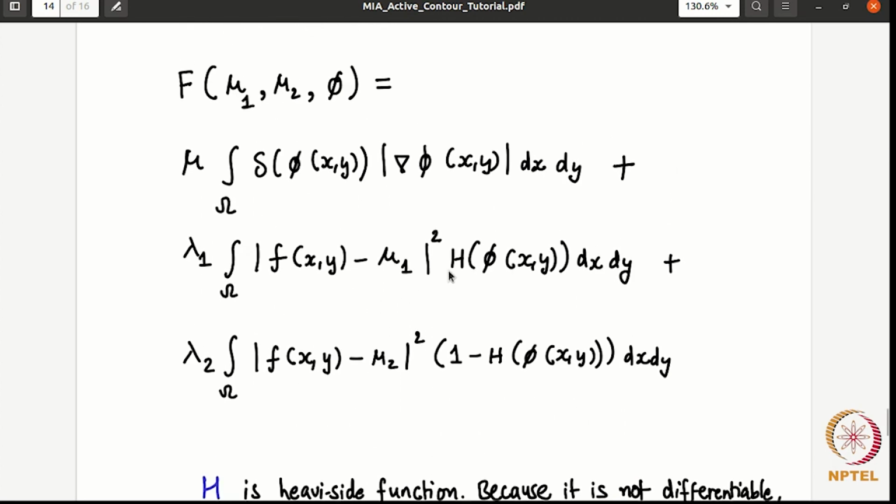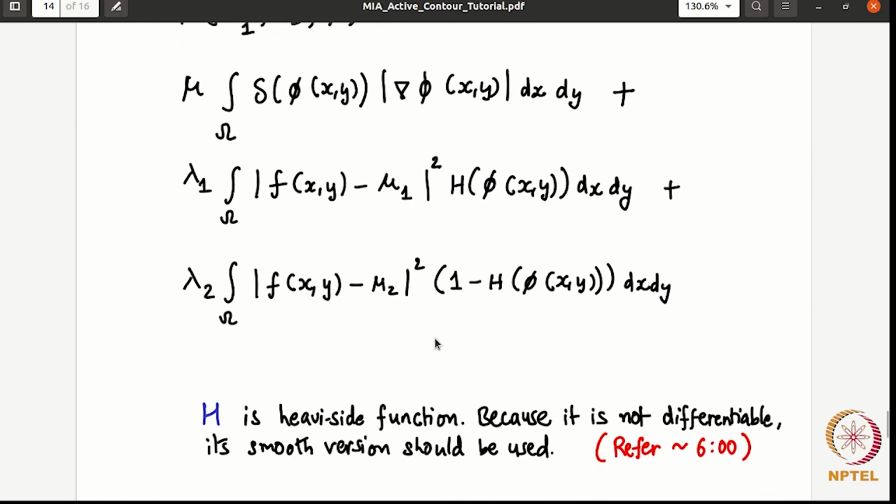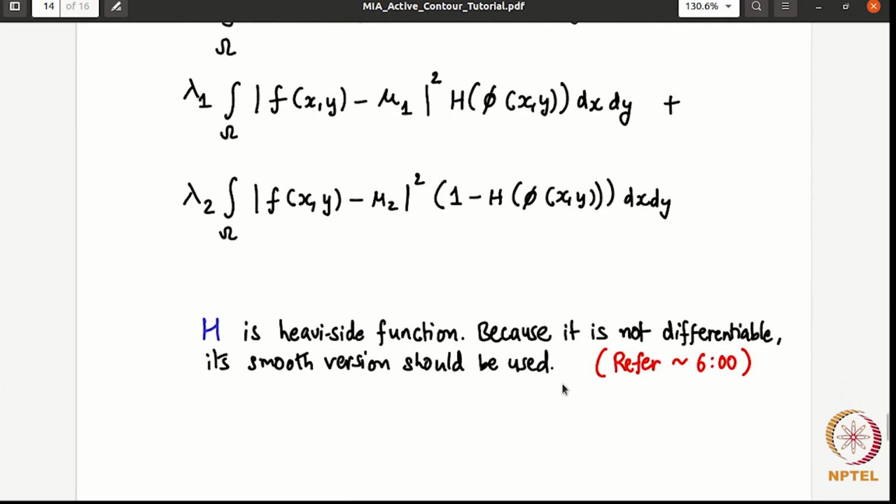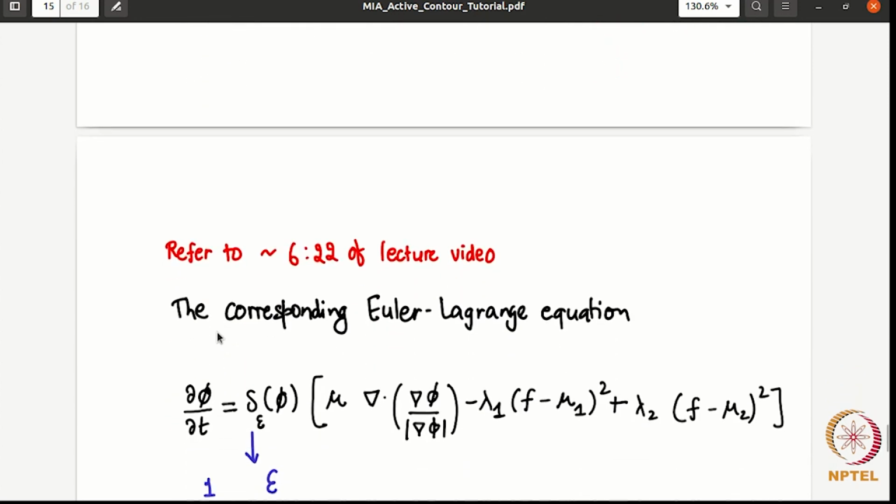Here h is the Heaviside function, so because it is not differentiable, its smooth version should be used. Please refer to this timestamp in the lecture to know what smooth version should be used.